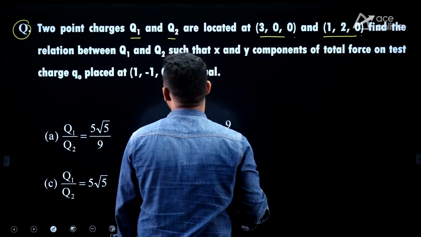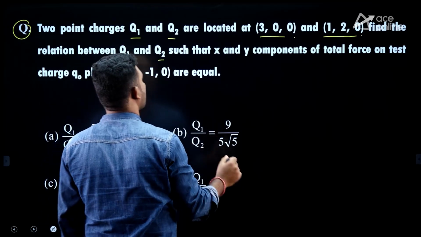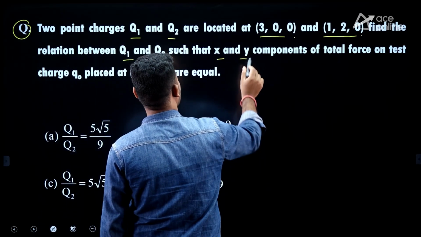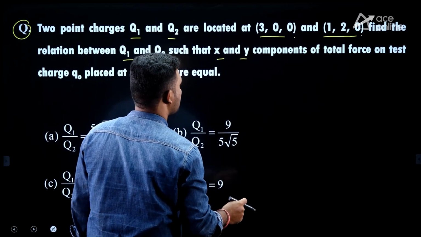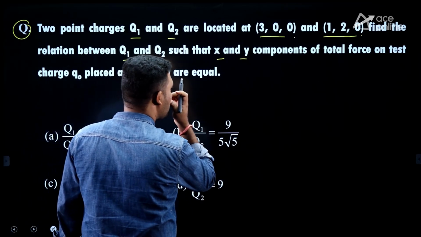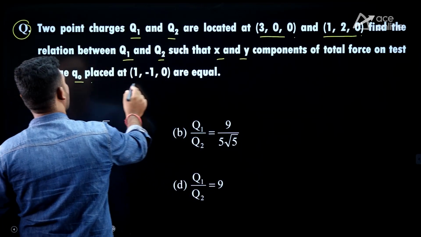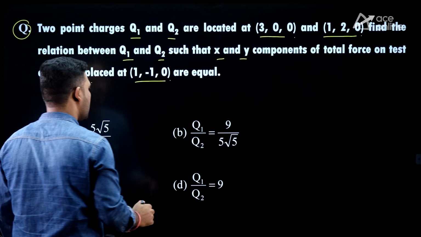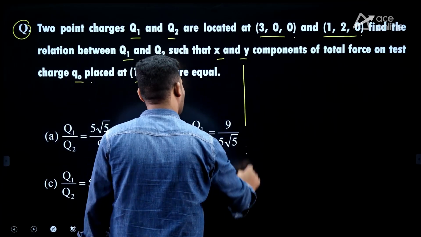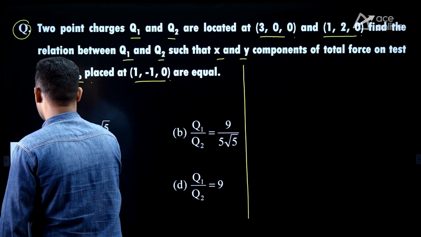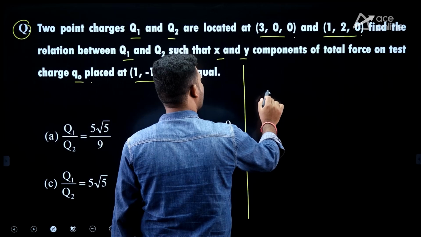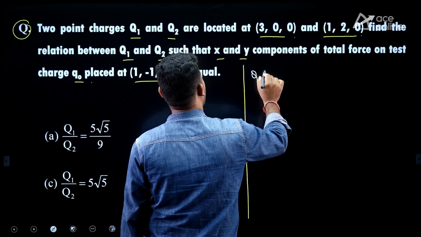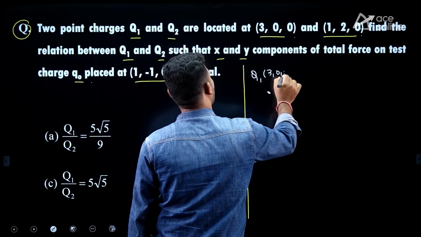Find the relation between Q1 and Q2 such that the x and y components of the total force acting on a test charge Q naught placed at 1, minus 1, 0 are equal. Let me draw some diagram here. There are two charges here. Q1 is at 3, 0, 0.